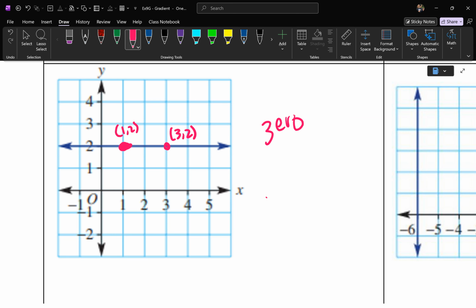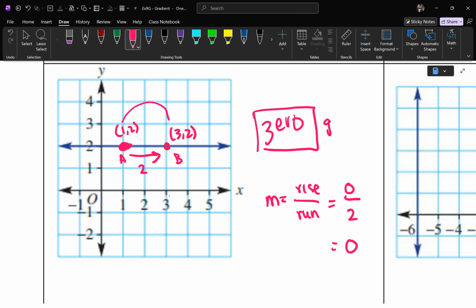If I asked you m, which is rise over run, did you have to move up or down to go from point A to point B? No. So you moved 0 rise, but how far did you have to go across? From 1 to 3, that's 2 units. So that's why it's run by 2, but 0 divided by 2 is 0. This is why we call it 0 gradient.